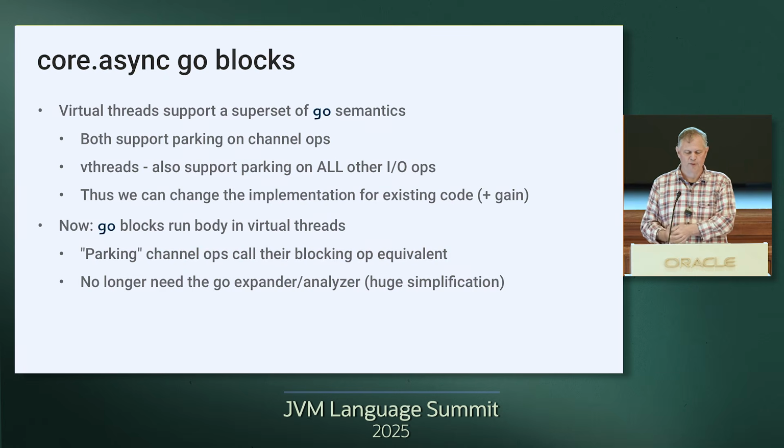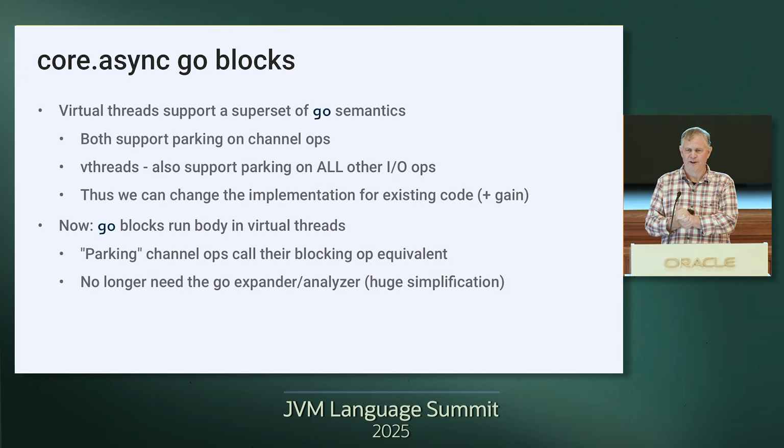And for that part, we will encourage people to use the new thing, IO thread, which will have backwards compatibility. If you're already using Go, you can continue using it the way you're using it. So we're going to run those Go blocks in virtual threads. We're going to stop using the analyzer and the expander. This is a huge simplification.